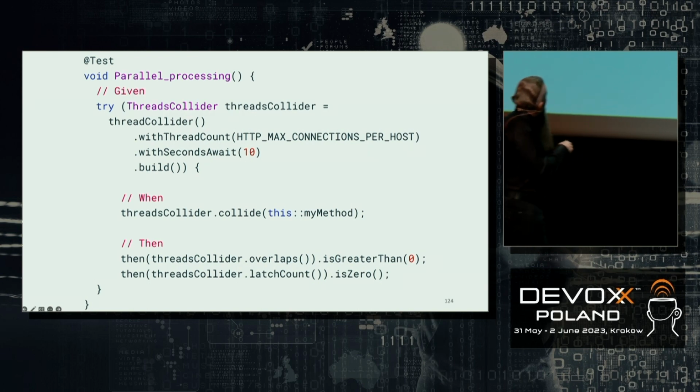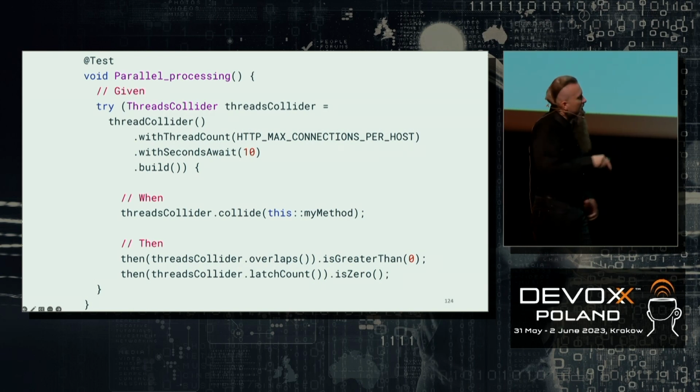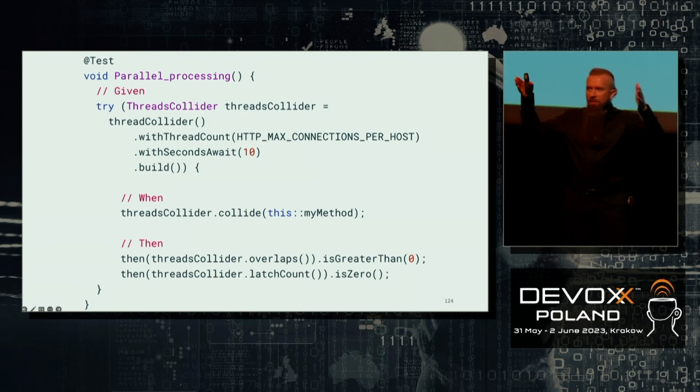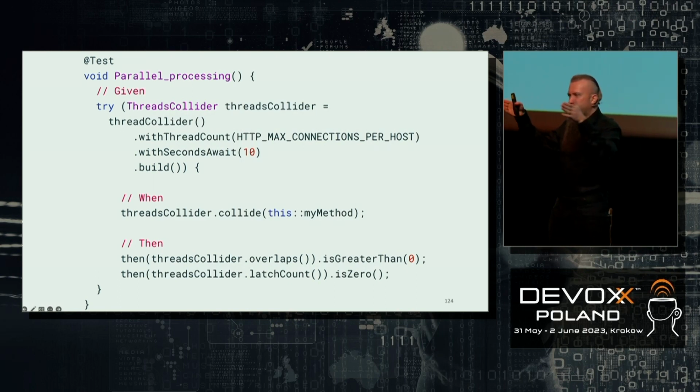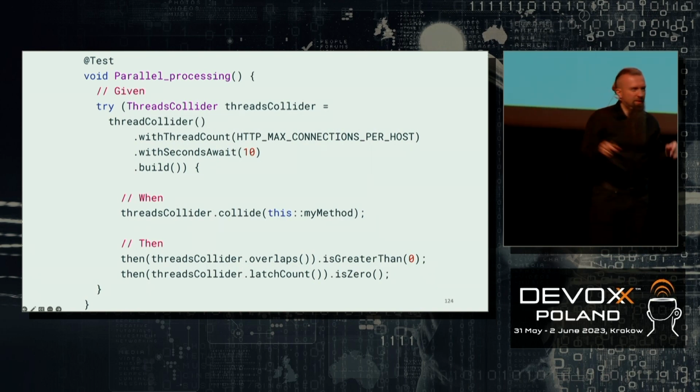For example, I had a test where I wanted to check if a bug was fixed, and 40 times I was running some method in parallel so that they collided. Simultaneously I was running the same method and checking that no concurrency errors were present anymore.